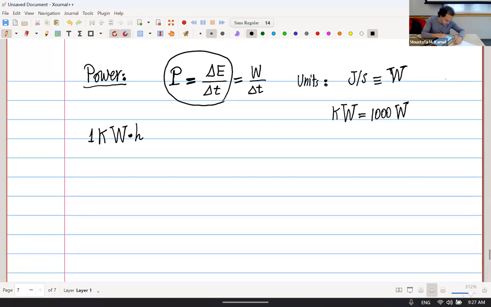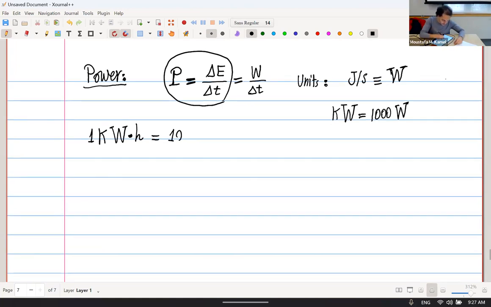So if you have 1 kilowatt hour, how many joules is this? Let's calculate it. This is equal to 1,000 watt hour, which is equal to 1,000 joule per second times hour, and hour we can convert as usual, 1 hour equals 3,600 seconds.